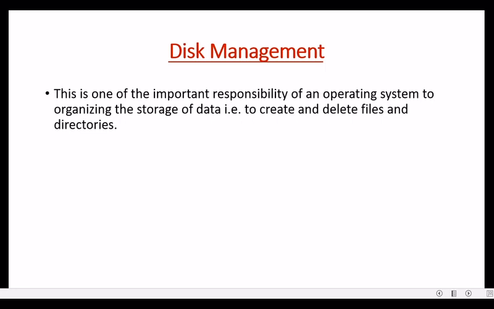Suppose in your mobile, the company tells you that 64 GB of data is available in your mobile, or in your memory card. If you purchase a 64 GB memory card and insert it in your mobile, you get only 56 GB or 58 GB of your SD card. Why?